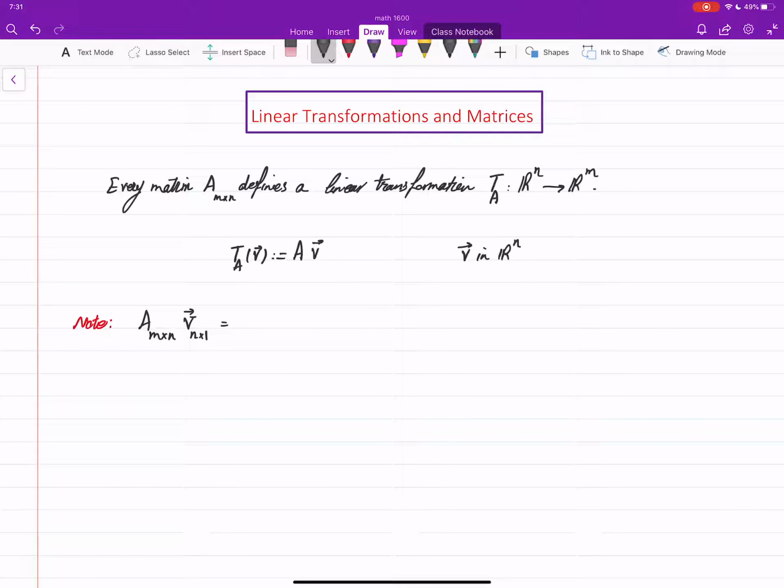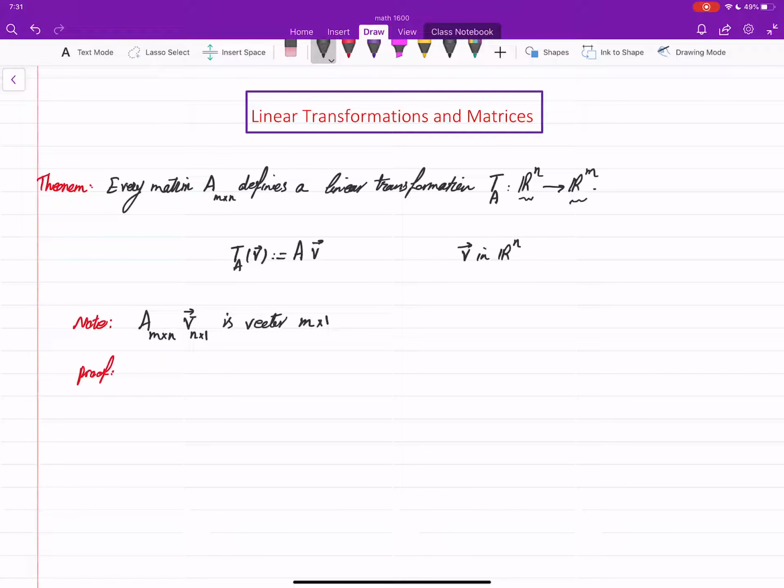When you multiply, you get a matrix with M rows and one column. That's why it goes from Rn to Rm. But you may ask, why is this a linear transformation? So let me write this as a theorem, and then we can prove it.